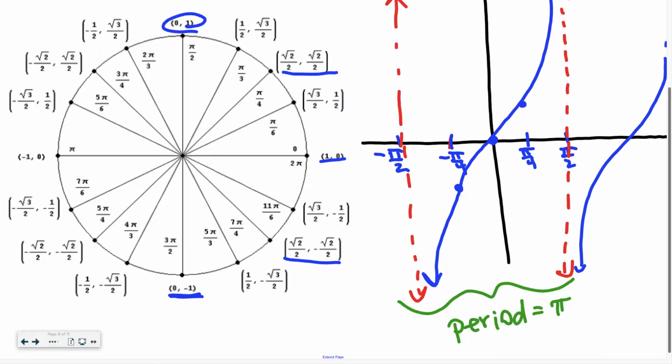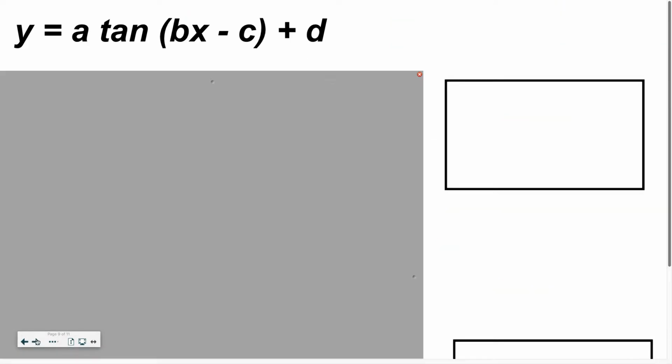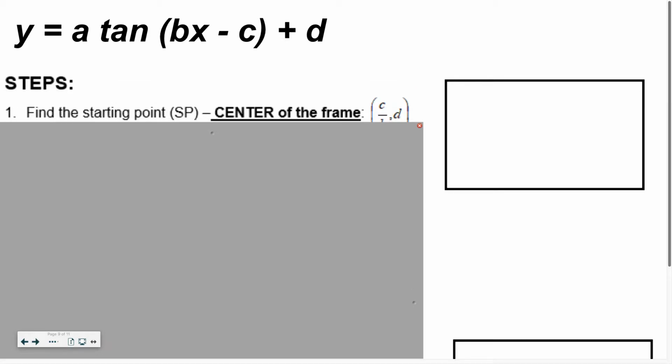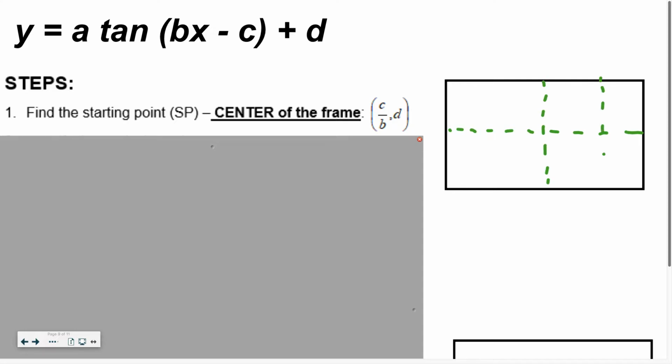Okay, so we are still going to identify our starting point by C over B comma D, but look at your frames. Where's the starting point? It is in the center of your frame.